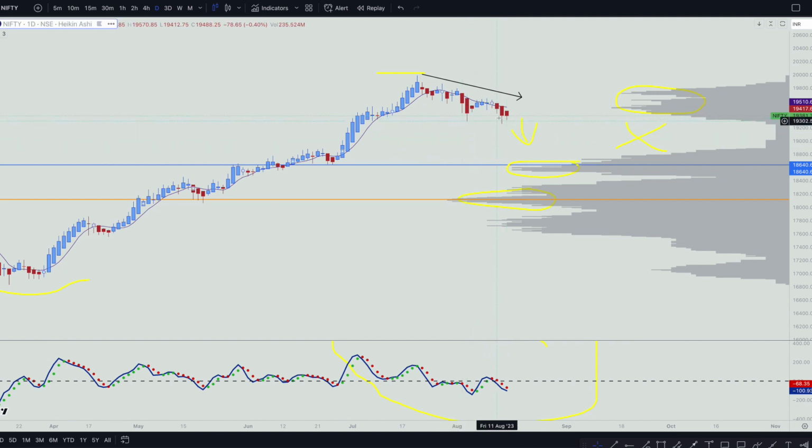You can see we've tapped into here once, twice, and now a third time. It's kind of finding support at this level, but if it were to continue to go down and break through maybe this low around 19,270, it could move pretty quickly down here to the 18,600s. So that's something to look out for.